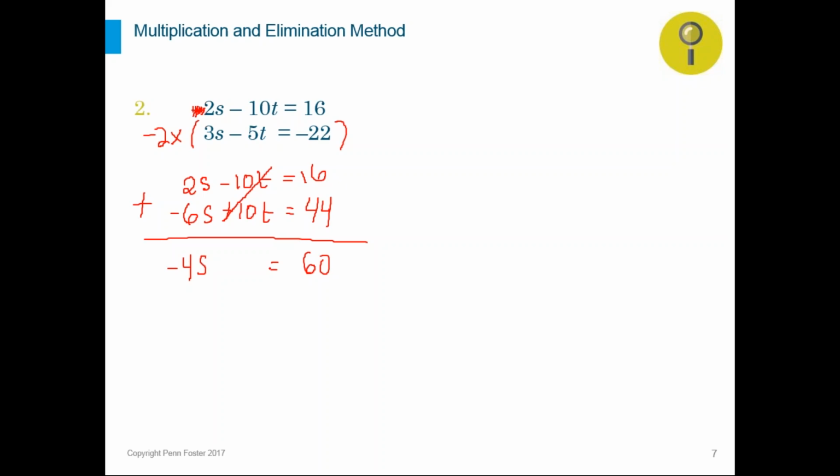Now, negative 4s equals 60. That's not our final answer for s. We need to isolate the s by itself, then divide over negative 4 and divide over negative 4. s equals negative 15. A positive over a negative is a negative. So this is our first answer, s equals negative 15.